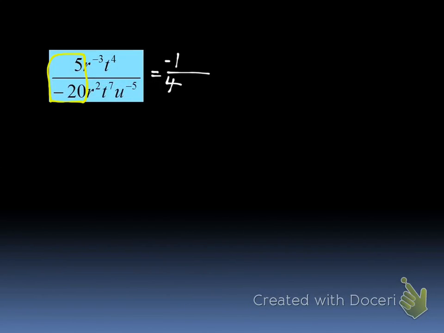So R, you have -3 minus 2, and I'm showing all my work on this one. T, 4 minus 7. And then the u to the -5th I'm going to keep down below for now, since there's no u's up top. Okay?